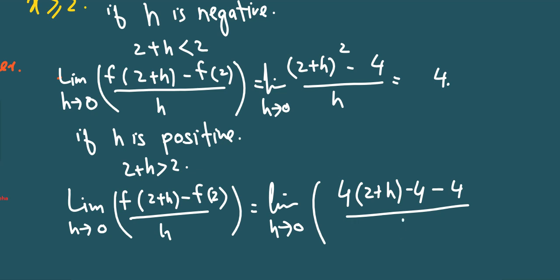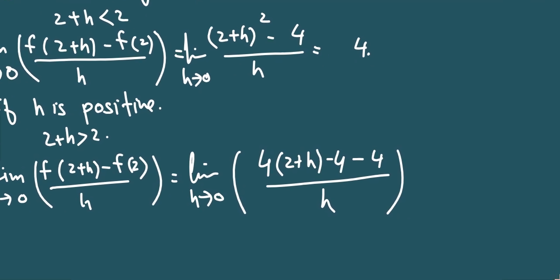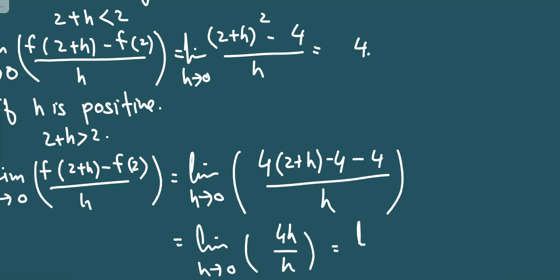Over h. In the numerator, 4 times 2 is 8, and 8 minus 8 will be 0. So 4h by h, h cancels out, and I get limit h tends to 0 of 4, which is 4.